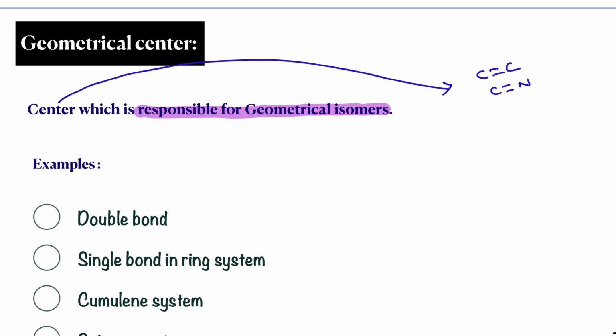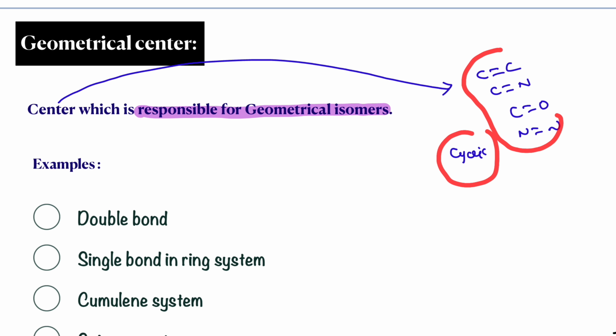It can be C=C, C=N, C=O, or even N=N. Even a cyclic structure, that is a ring system, is also responsible for geometrical isomerism.